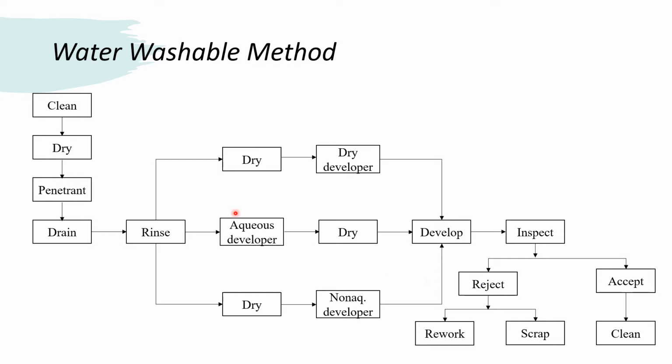For aqueous developer: clean, dry, penetrant, drain, rinse, aqueous developer, then dry, then develop, then inspect, then accept or reject. For non-aqueous developer: clean, dry, penetrant, drain, rinse, dry, non-aqueous developer, then develop, inspect, and the result comes out. This is the way of the water washable penetrant testing method.